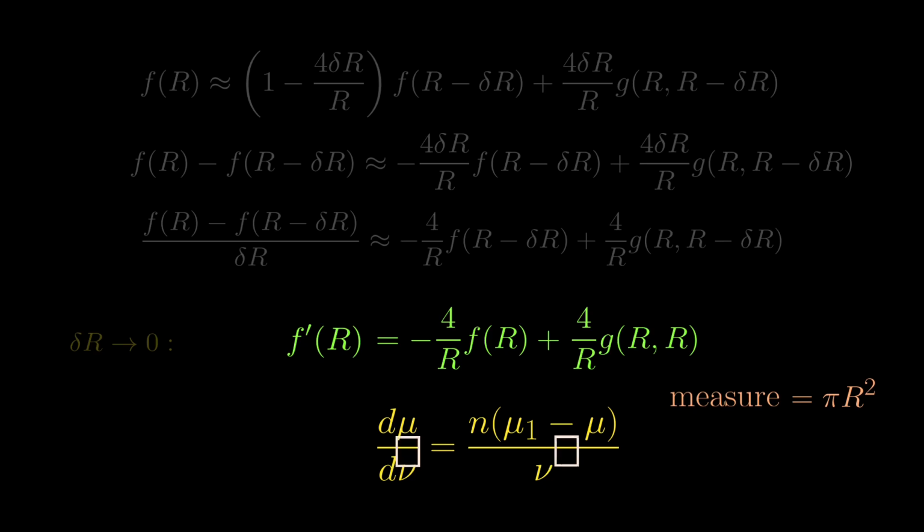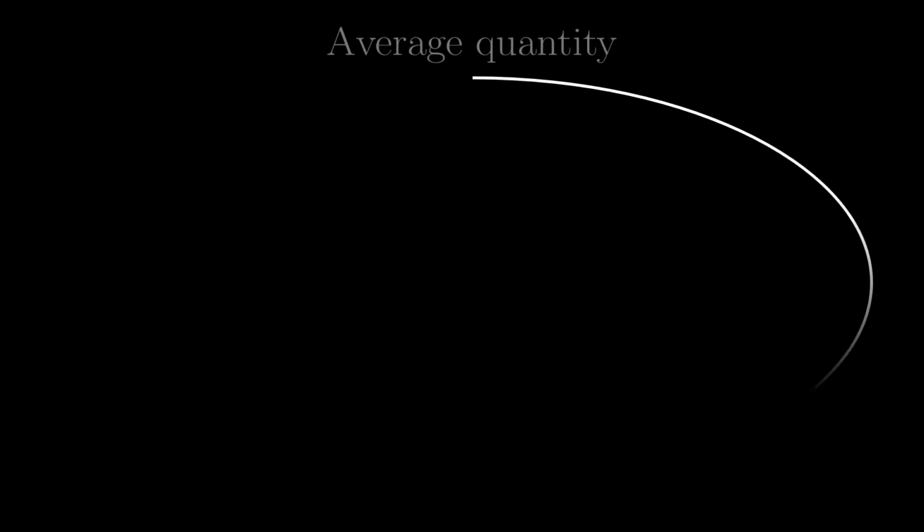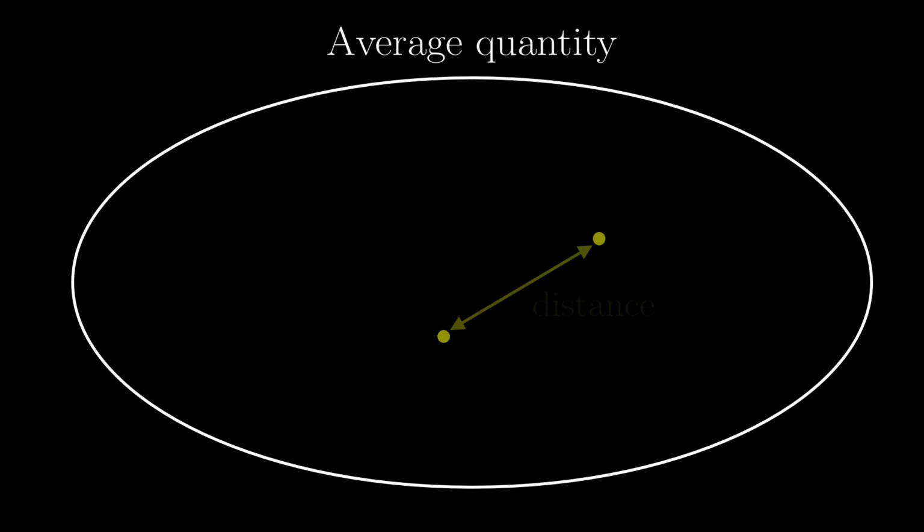Mu refers to some sort of average quantity we are after. In this particular case, we want the average distance f of r, but it can be an average of a lot of quantities you want. Distance is just one of them. It can be distance squared if you want, and in general, it can be a quantity that depends on n different points, but this quantity is subject to some restrictions.